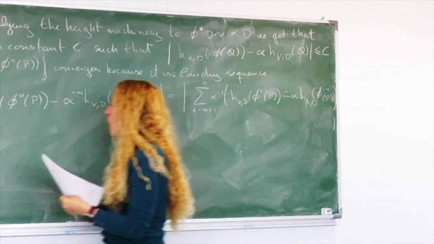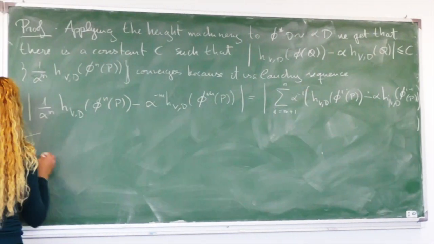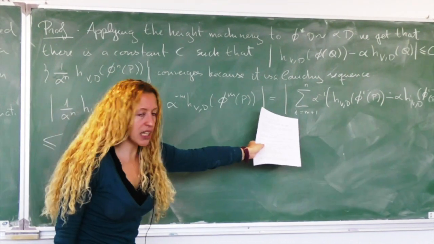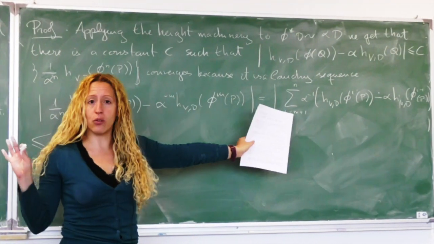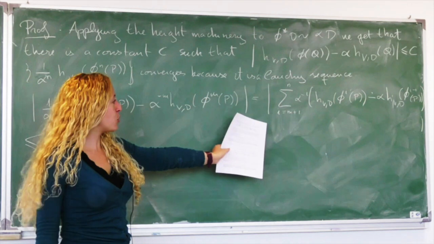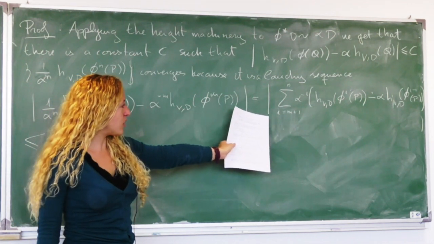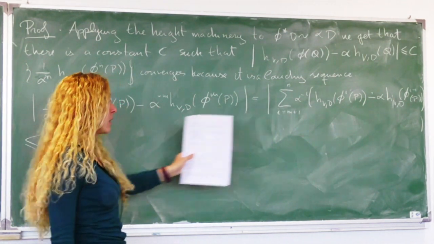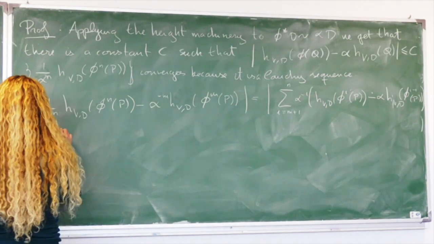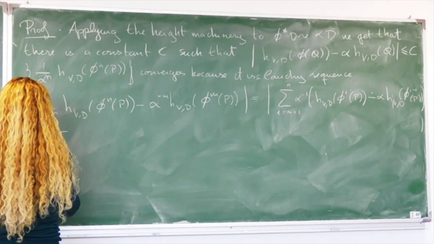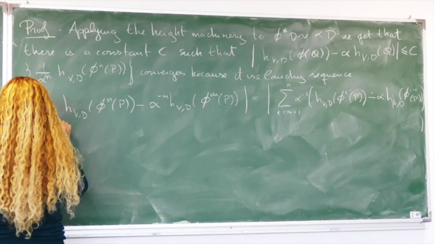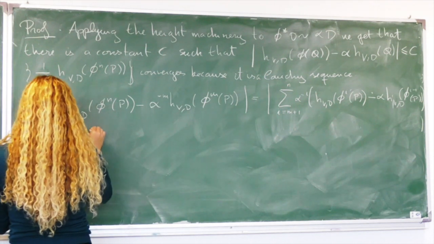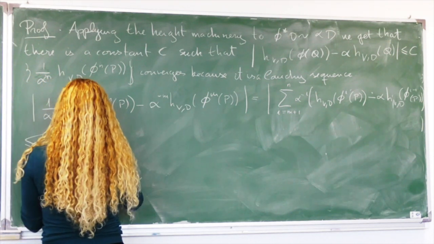Now I can use the triangle inequality here, with the absolute value. This is the standard classical absolute value on the reals. So I can use the triangle inequality to rewrite that as the sum like this. I put the absolute value here.